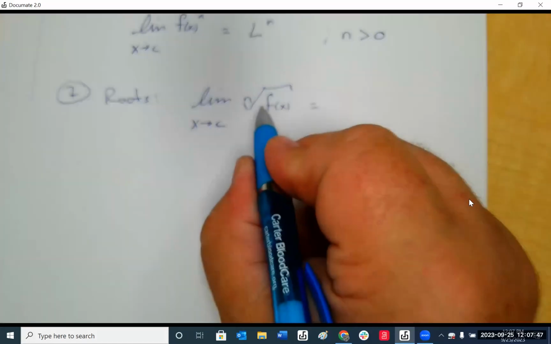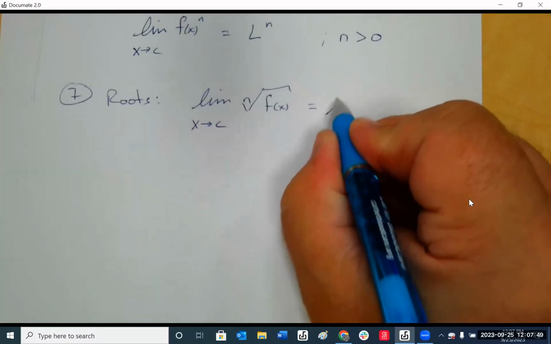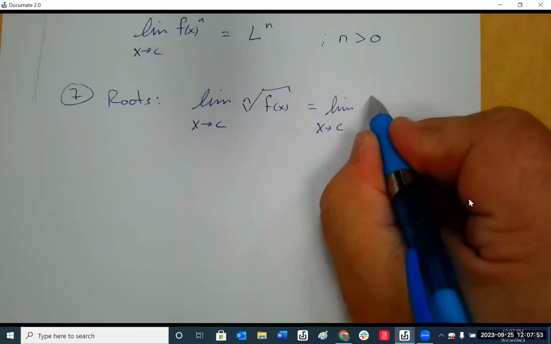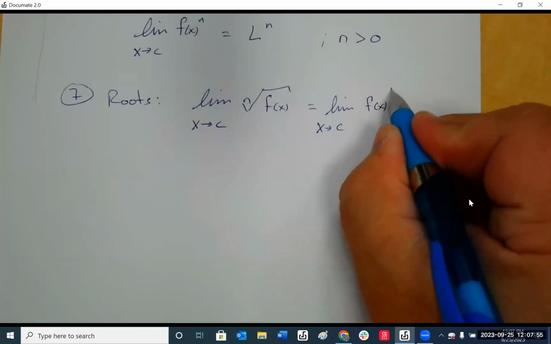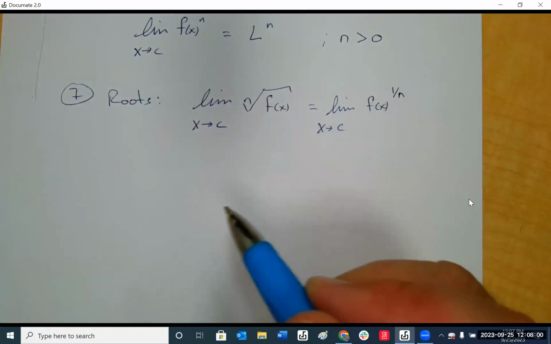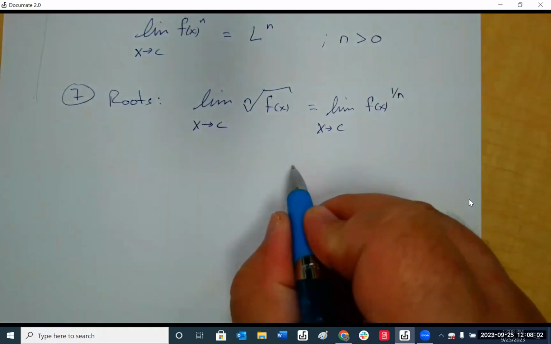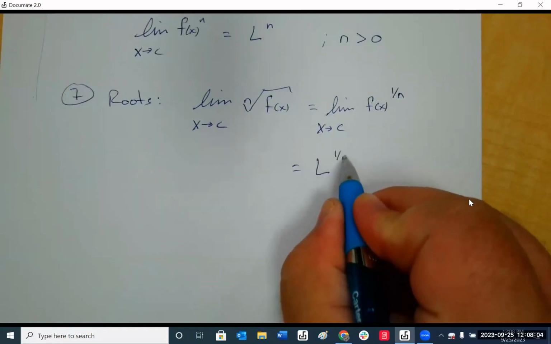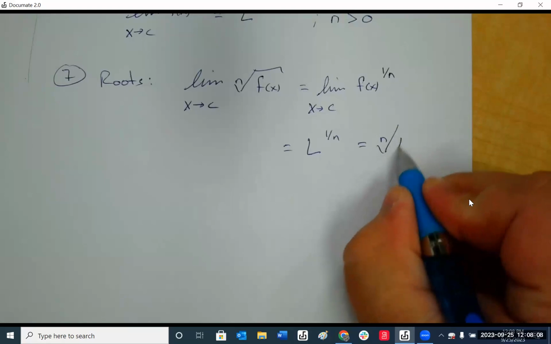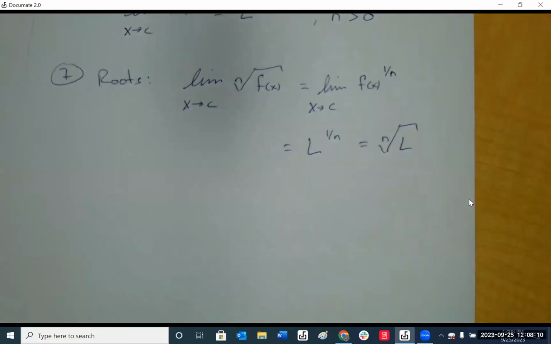What really happens is this exponent becomes, and this radical becomes an exponent, which from rule 6 gives us... what puts that in there?